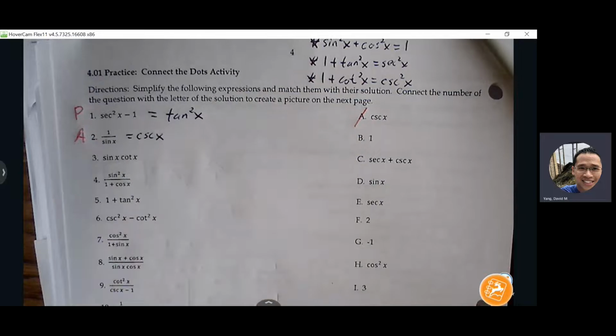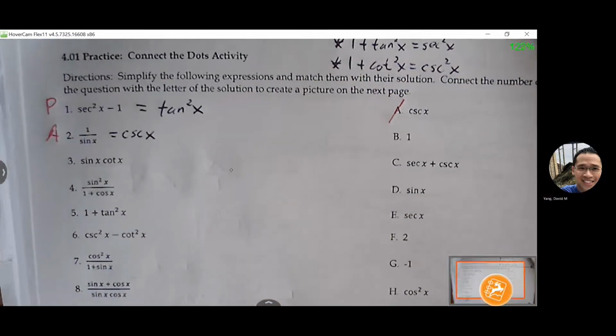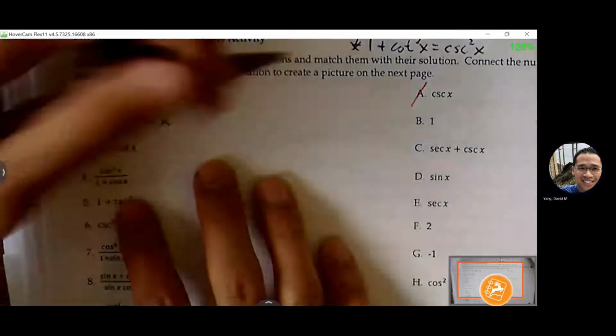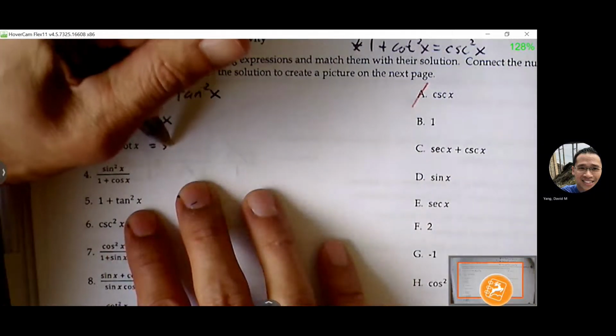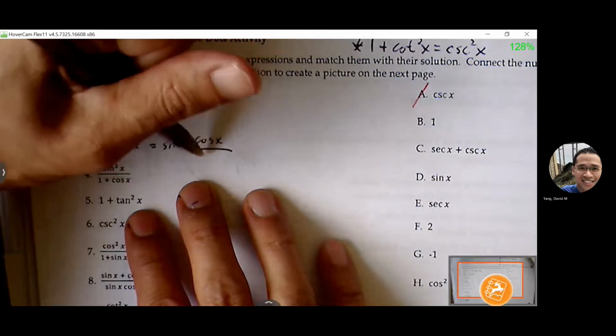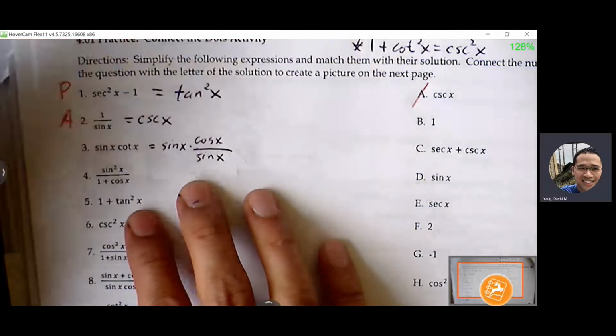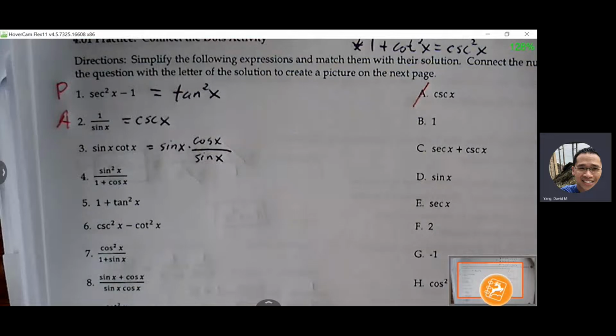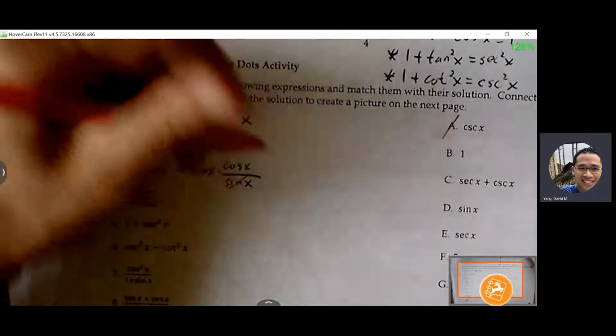What can we do with that cotangent to make it easier to pair up? Yep, cosine over sine, yep. Okay, what happens here? Sines cancel, I'm left with just cosine.